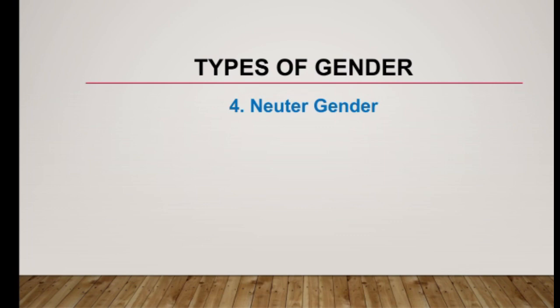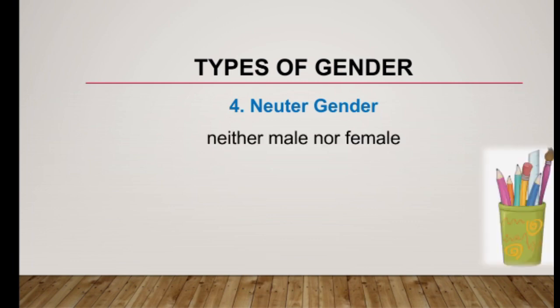Neuter. A neuter gender includes all the nouns that are neither male nor female, and they're non-living things.